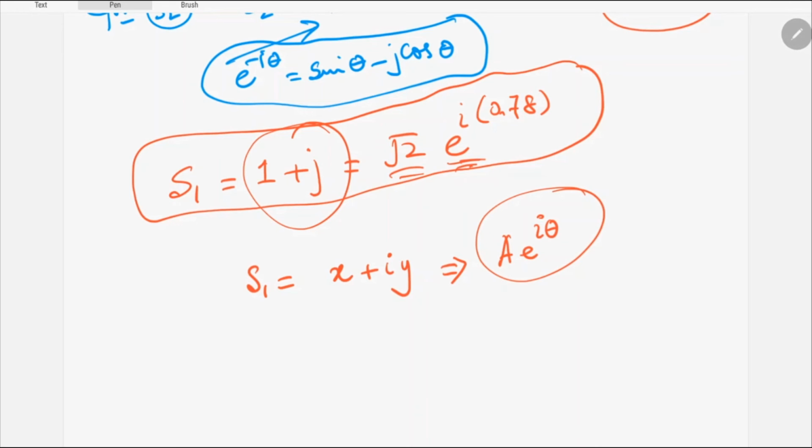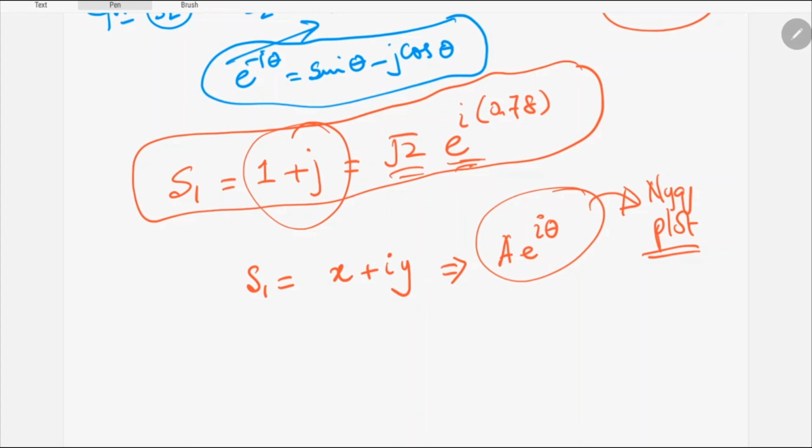One application that comes to my mind is the Nyquist plot. When you're trying to understand the Nyquist plot, you will see that we have to sweep the frequencies from 0 to infinity.